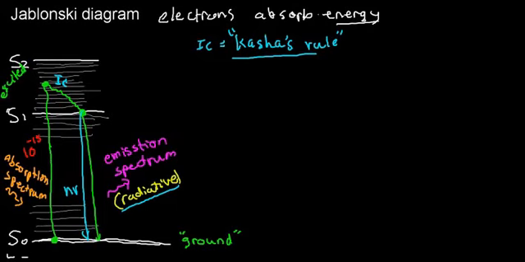And the internal conversion also happens very rapidly, 10 to the negative 13. And just to make it obvious, I'm talking about seconds here, 10 to the negative 15 and 10 to the negative 13 seconds. And we can have fluorescence, we're talking about radiative fluorescence relaxation, at around 10 to the negative 9 seconds.